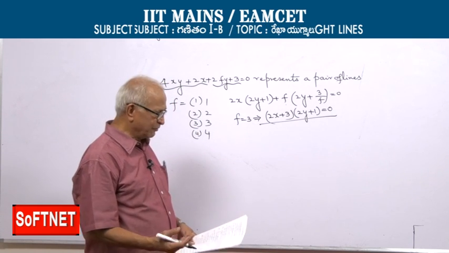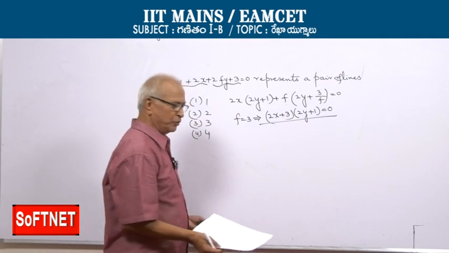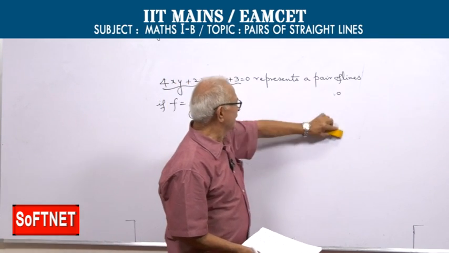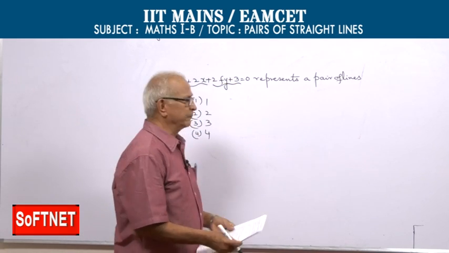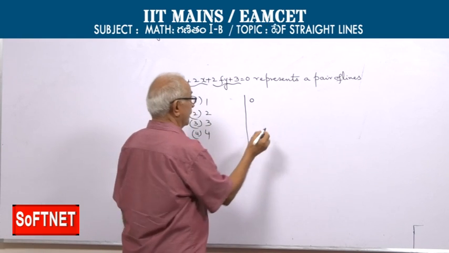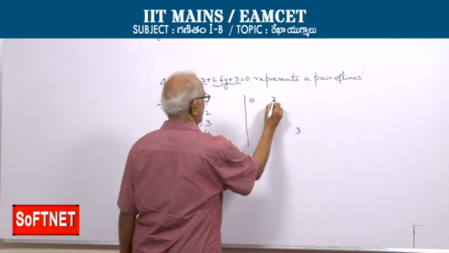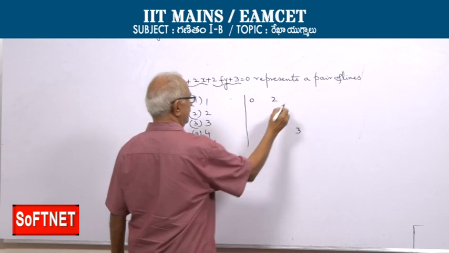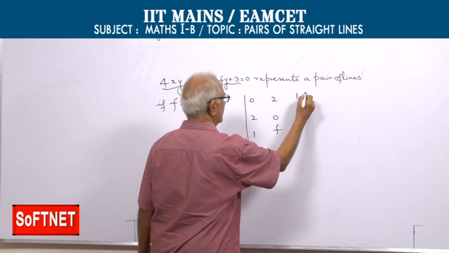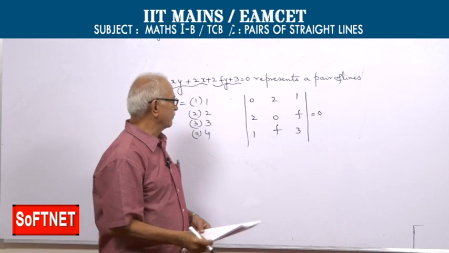Therefore the value of f is 3. Without wasting much time, even if you write the determinant, I will show you that also. Determinant: a is 0, b, no y square term, is 0, c is 3, h is 2, the coefficient of xy, g is 1, a symmetric determinant. So this is also 1, and f is the same as f here. That is one of the necessary conditions for the equation to represent a pair of lines.